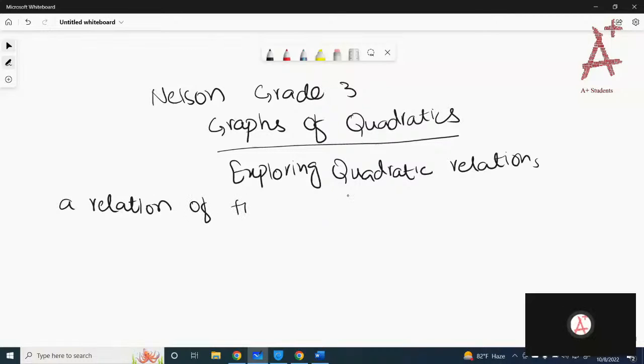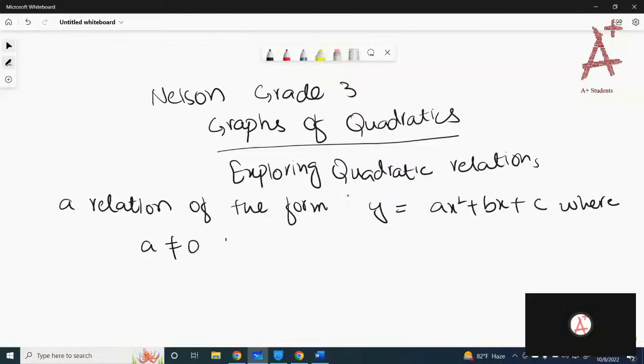A relation of the form y equals ax squared plus bx plus c, where a is not equal to 0, is a quadratic relation. Got it?